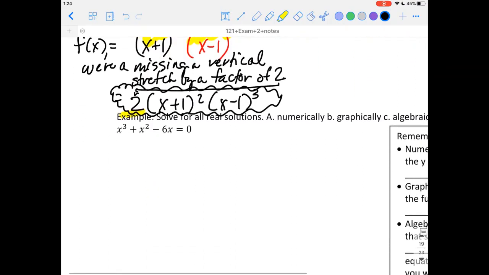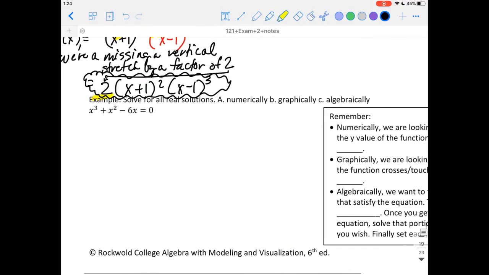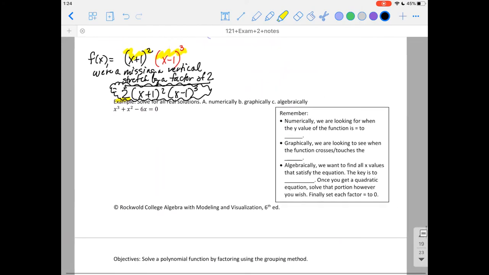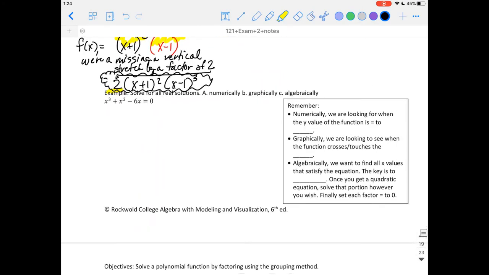All right, next example. It says solve for all real solutions numerically, graphically, and algebraically. So let me fill in the blank here for the remember. This remember is very important. Remember, numerically, we are looking for when the y value of the function is equal to 0.